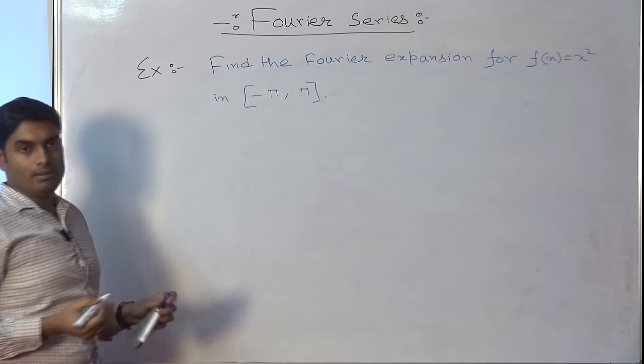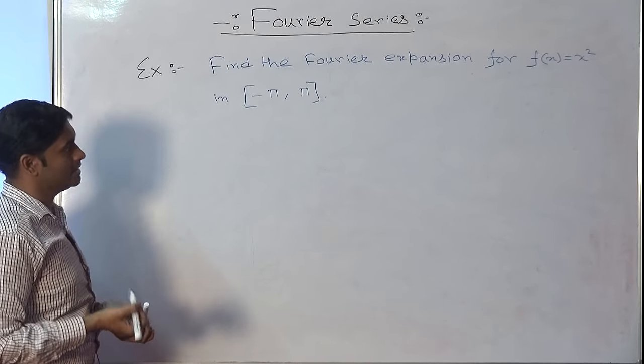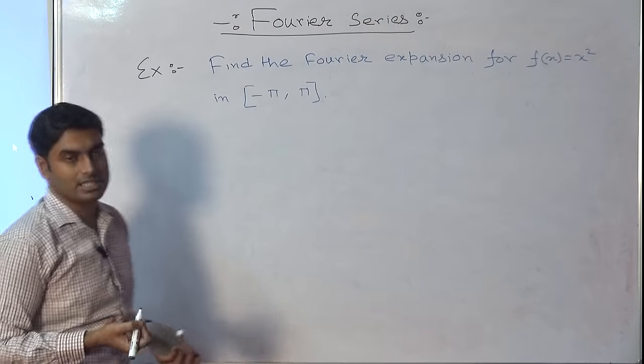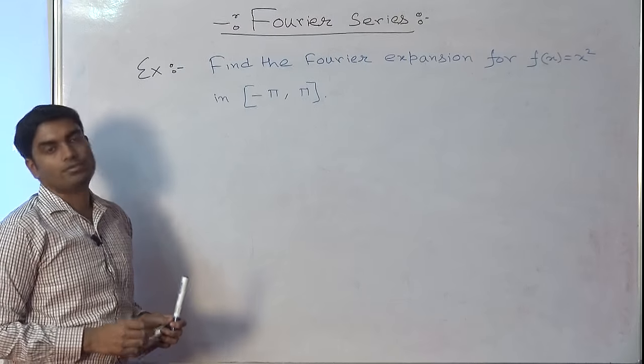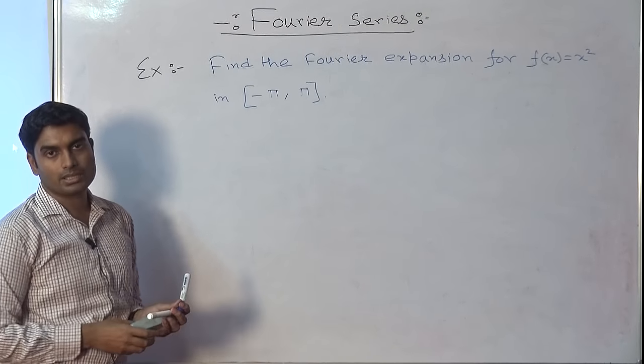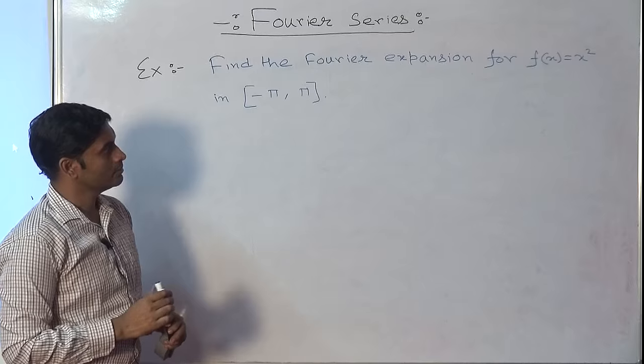So this is the interval minus pi to pi. In this interval the function is defined like f(x) is x square. Now we will find the Fourier series or Fourier expansion for this function x square.